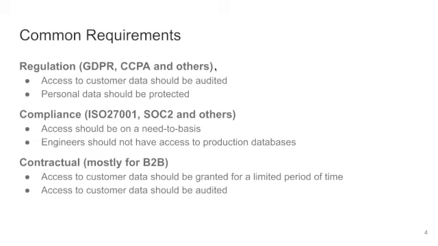Common requirements that we see coming out of these frameworks, generally speaking, is access to customer data should be audited. So you should be able to, in retrospect, say who had access to customer data. And personal data should be protected, meaning it shouldn't be available just upfront to anyone who just wants to use it. So companies usually use things like masking, tokenization, or encryption to protect that personal data.